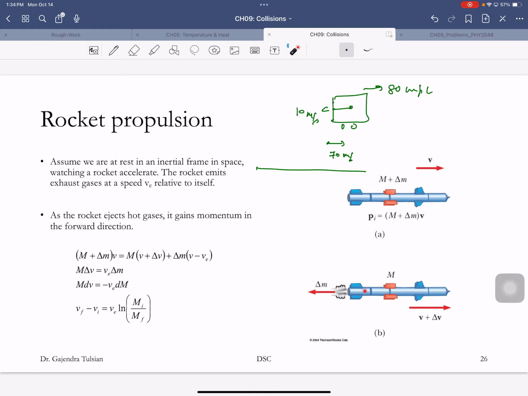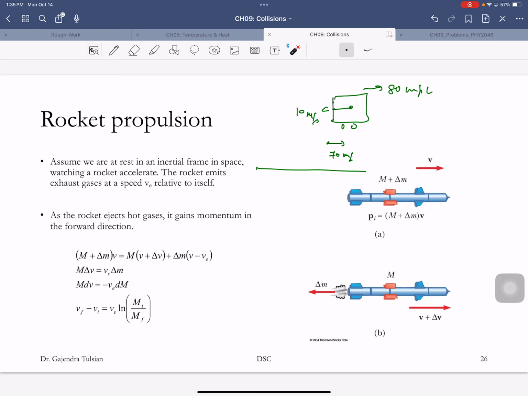So here's this rocket. Now it's sped up, and this guy you shot in that direction. The total momentum of this is equal to the total momentum here, because there are no external forces acting on the system. When you're spitting stuff out, those are all internal forces. That's what this equation is saying. Here is the momentum initially, and there's the final momentum. This mass is reduced, and there's the mass of the exhaust.